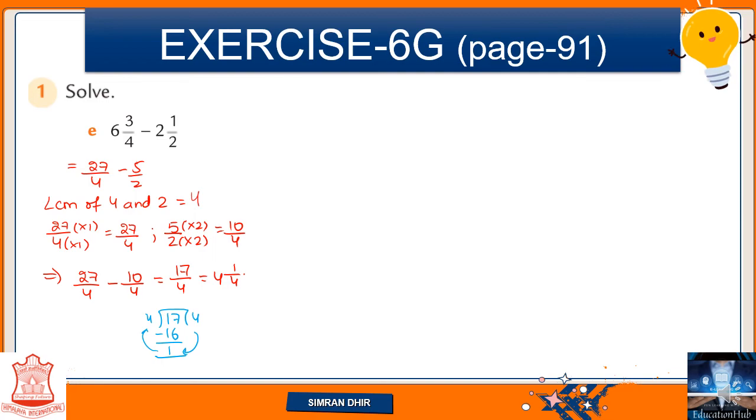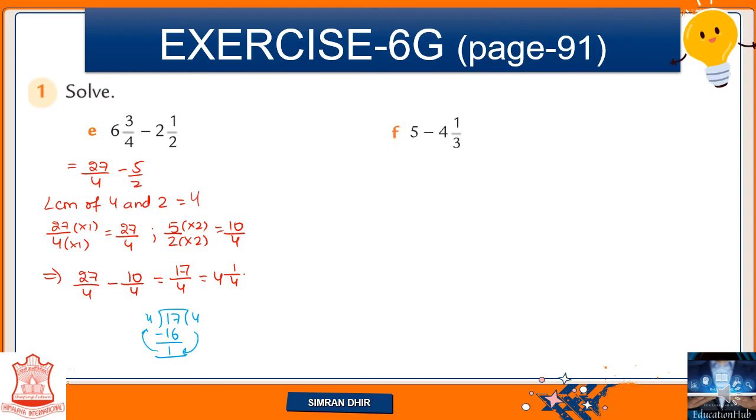So 27 by 4 तो already हमारे पास denominator 4 है, so it will remain as it is. And 5 by 2 is with the denominator 2, so we are going to convert it with the denominator 4 and we will get 10 by 4. So now we are going to subtract 27 by 4 minus 10 by 4, that is 17 by 4, and it will be equal to 4 1 by 4. I hope I am clear.